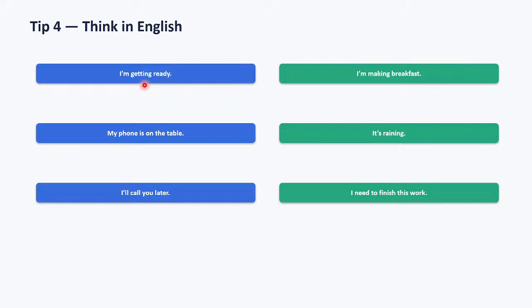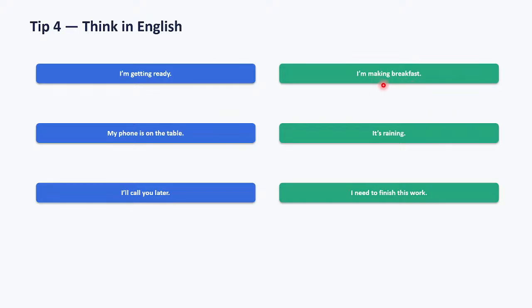For example, on the current situation, I am teaching English. This is a three word sentence, but important. Try to speak in English. For that, think in English, like I am getting ready. If you are getting ready for the office, getting ready for school. I am making breakfast.